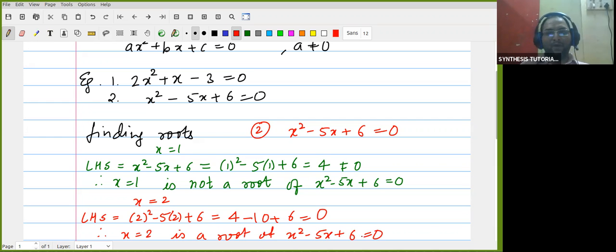Now I want all of you to try with x equal to 3 right now, and let me know if it is a root or not. Try with x equal to 3 for the same equation, x square minus 5x plus 6 equal to 0.